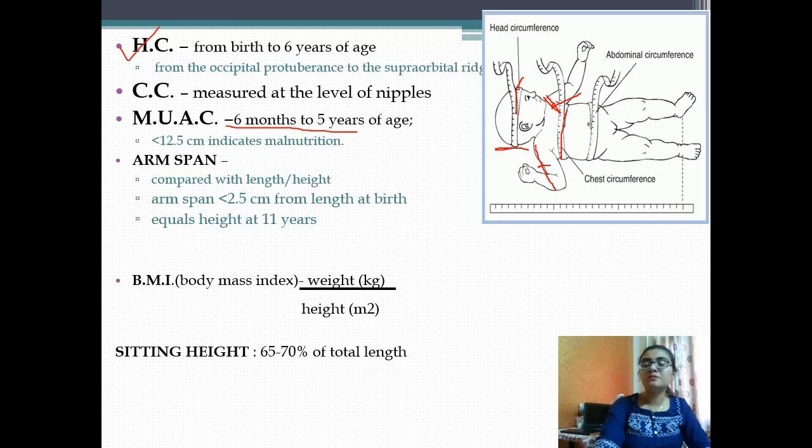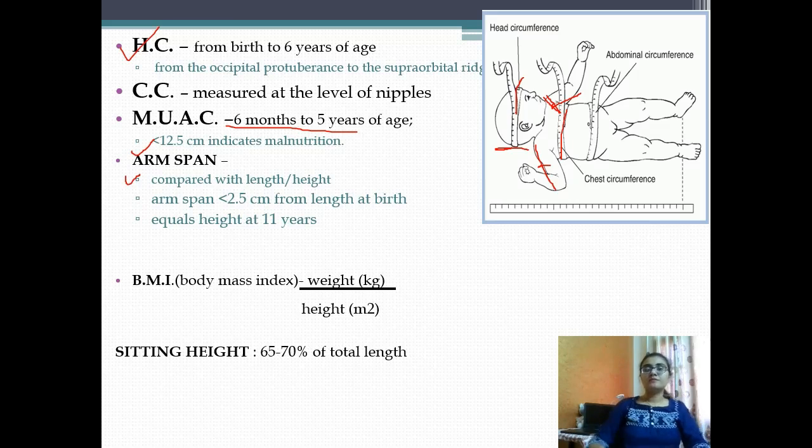At that midpoint, we place the inch tape and count the circumference of that arm. In this way, we can calculate head circumference, chest circumference, mid upper arm circumference, and so also abdominal circumference and mid thigh circumference. Less than 12.5 centimeters of mid upper arm circumference indicates malnutrition. The baby is malnourished.